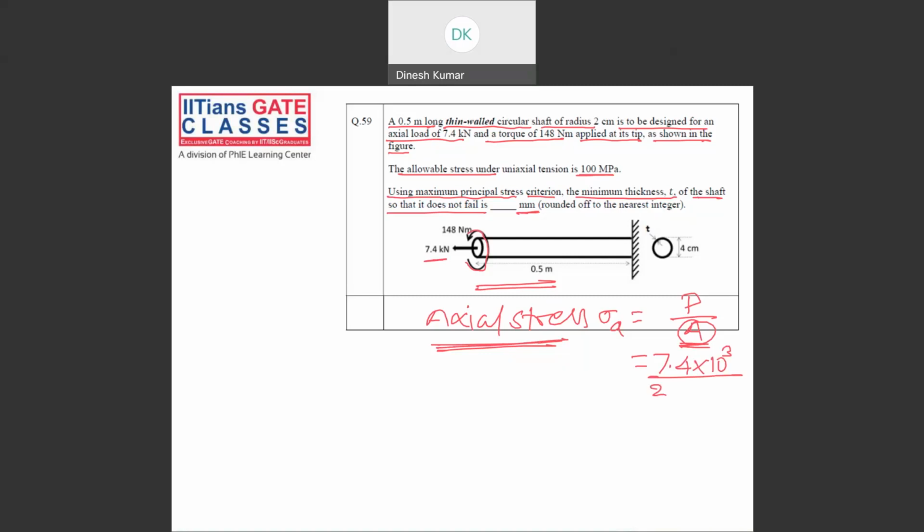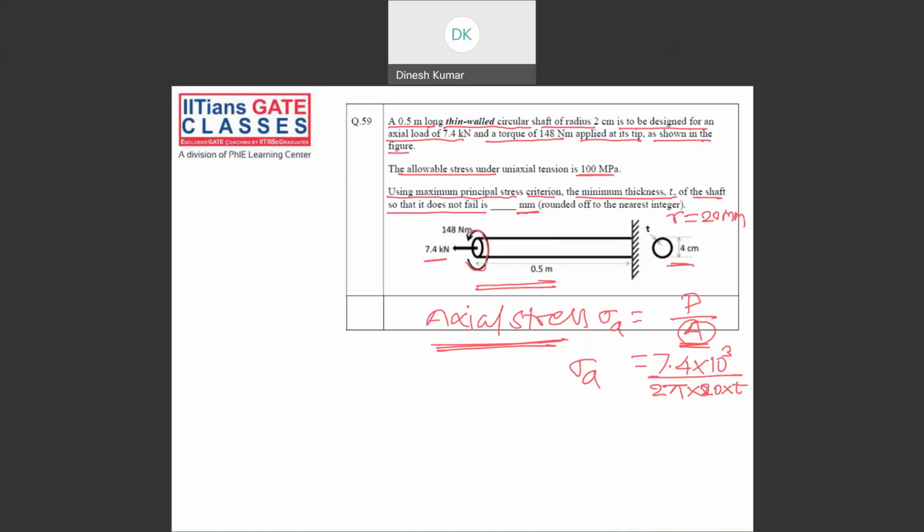It will be 2 pi. And what is the radius? See, the diameter is 2 centimeter, so your radius will be 20 mm. So you can say the area is 2 pi r, 20 into thickness t. So this is your axial stress.